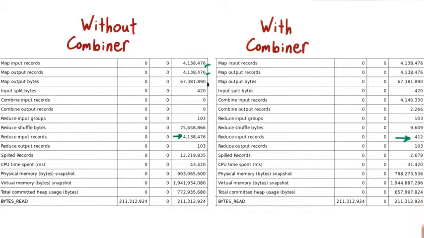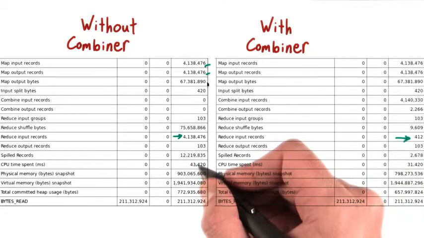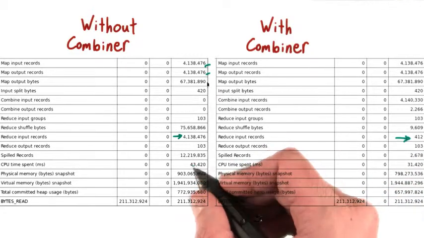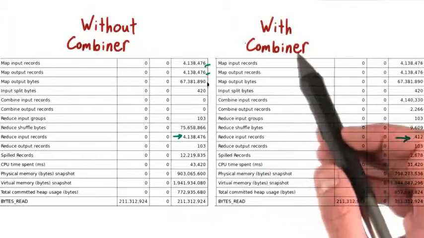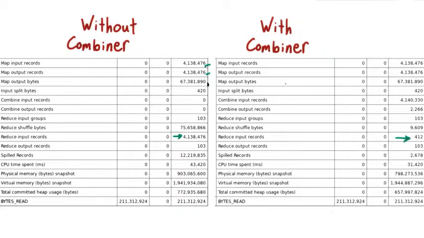That's pretty amazing. That's a huge change. And in fact, the reducers had to shuffle far fewer bytes, and for time spent, with the combiner this job took 31 seconds to run, versus without where it took 43. That's a significant difference. So you can really use combiners to improve the efficiency of your MapReduce jobs. And we're going to try that next.